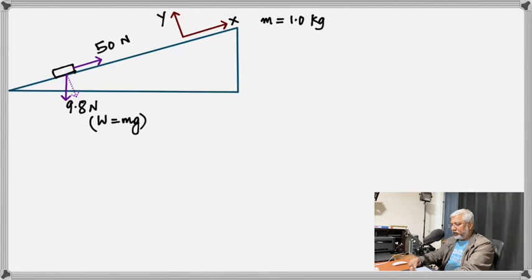So once again, when you look at the other forces, you have to show the normal force. There should be a force that's acting perpendicular to that, which I'm going to show a little bit later. But what I've done right now is I am trying to break up the weight, or resolve the weight, into its x and y components. So that's the x and that's the y.